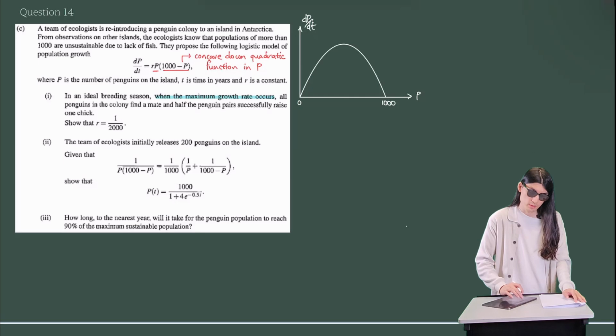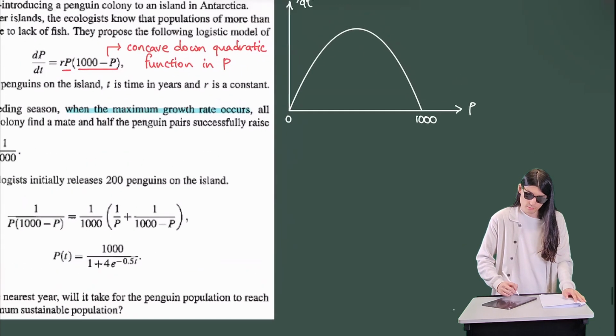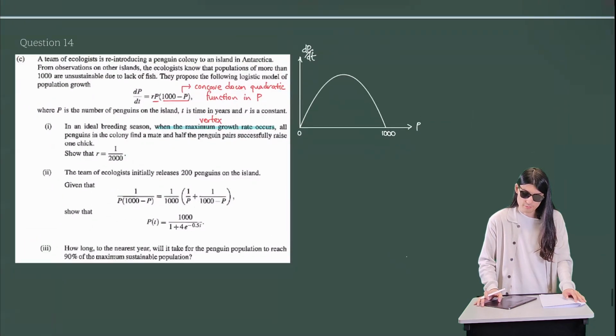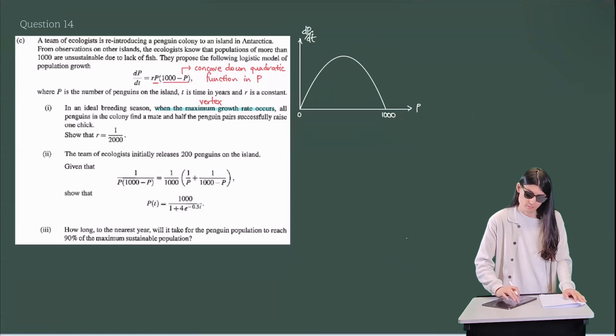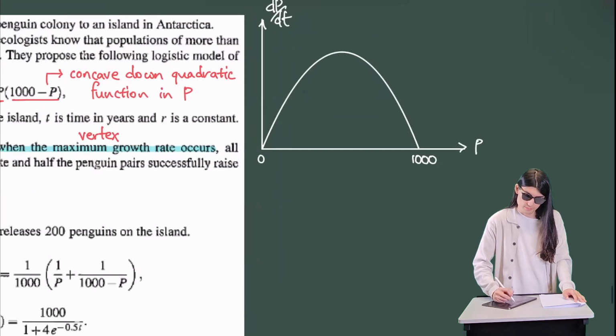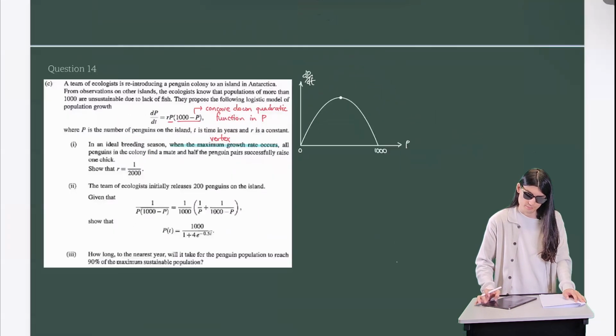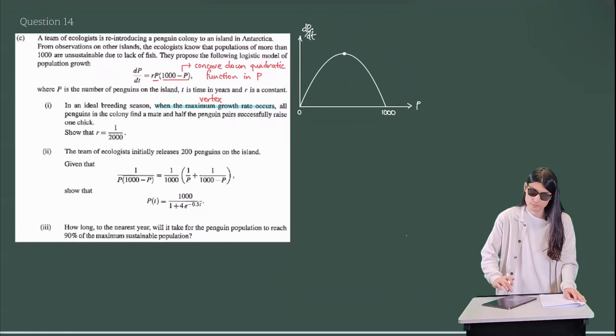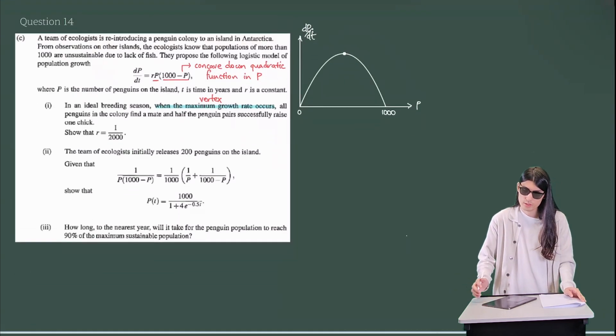From which, guys, we can deduce that this thing called maximum growth rate occurs at the vertex of the parabola, right here. Okay, at the midpoint, in other words, when the population is at the midpoint of your two zeros, isn't it?